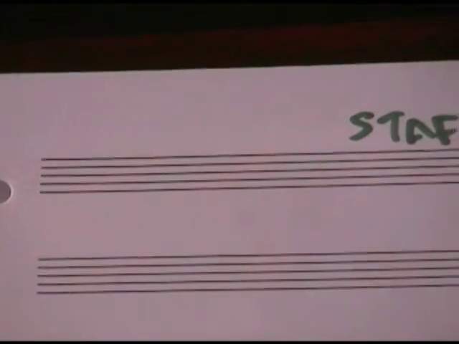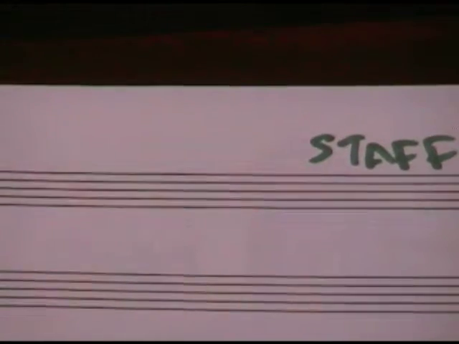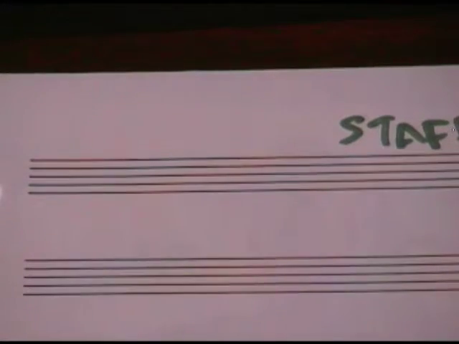S-T-A-F-F. And what we can do with the staff is divide it up into measures. A measure, let me write that word down.